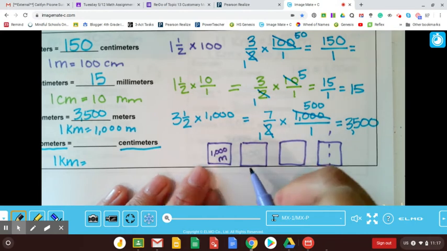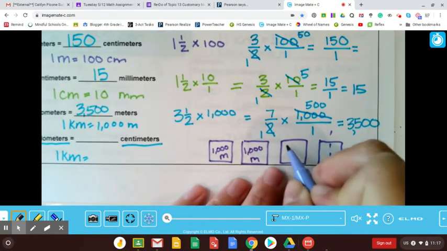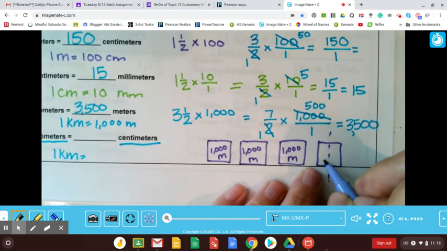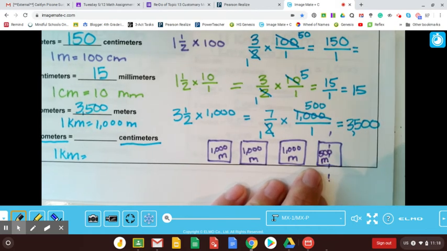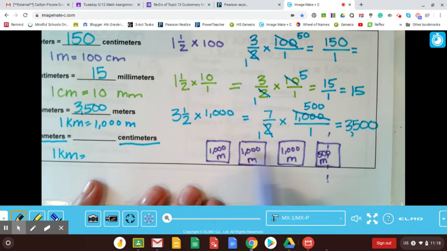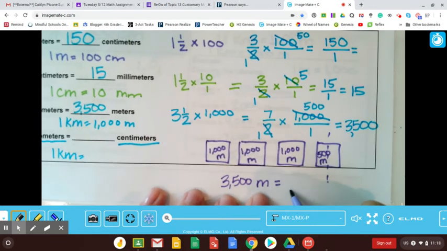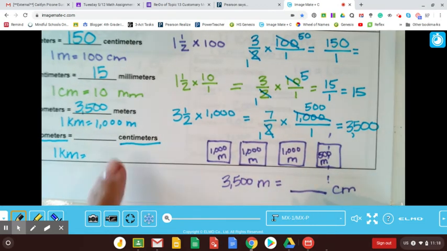So this guy would be 1,000 meters, this guy would be 1,000 meters, this guy would be 1,000 meters. And then this would be half of 1,000, so it would be 500 meters. Okay. And if I counted them, I would have 3,500 meters equals however many centimeters.